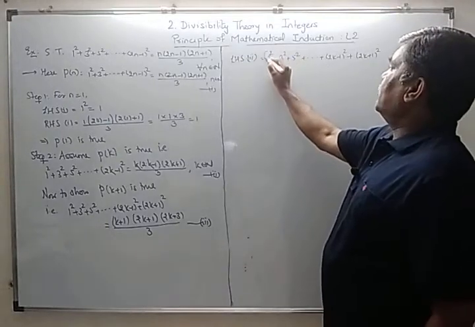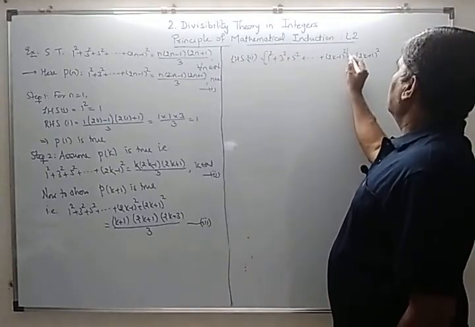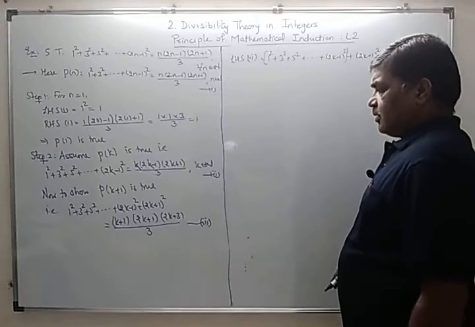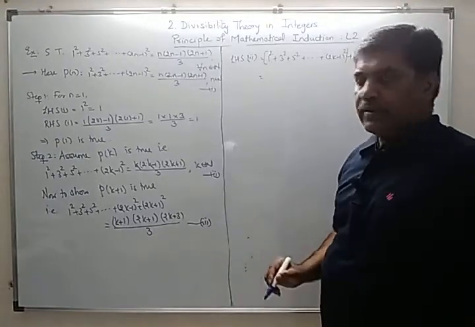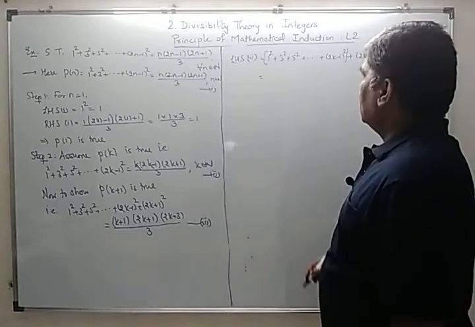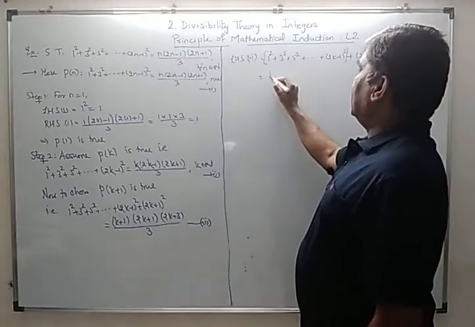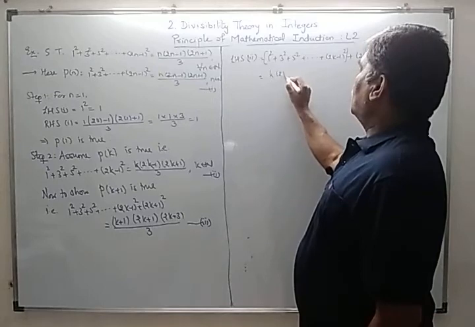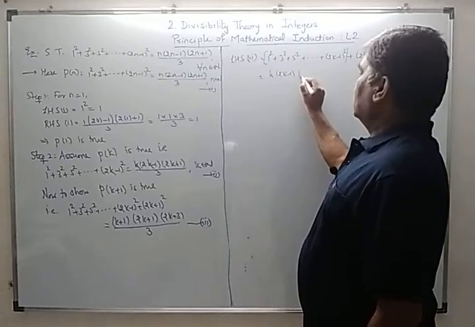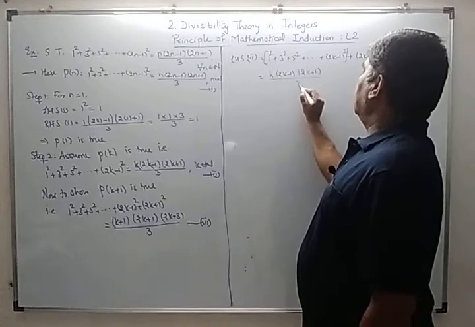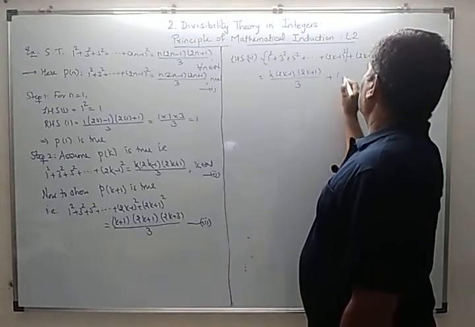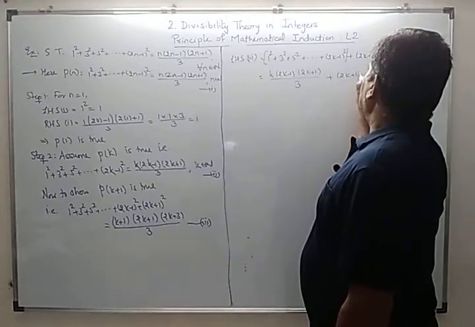We'll take this in one bracket. So by hypothesis 2, this is nothing but k(2k minus 1)(2k plus 1) by 3 plus (2k plus 1) square.